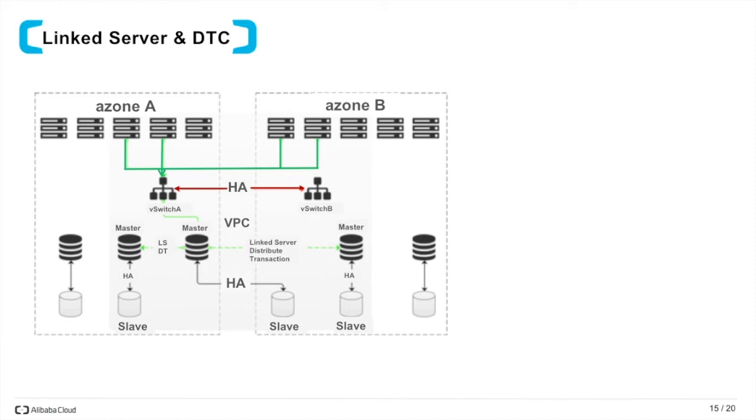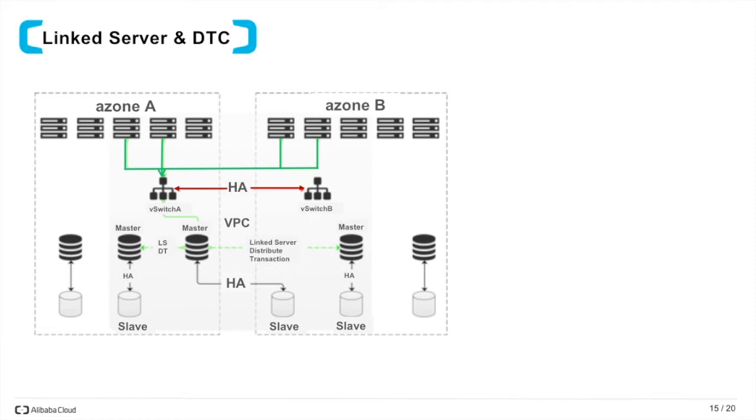Our 2012 and 2016 high availability editions can be deployed in your own VPC. We support linked server and distributed transaction on these editions. A database user can access another SQL Server instance database data by using a linked server.